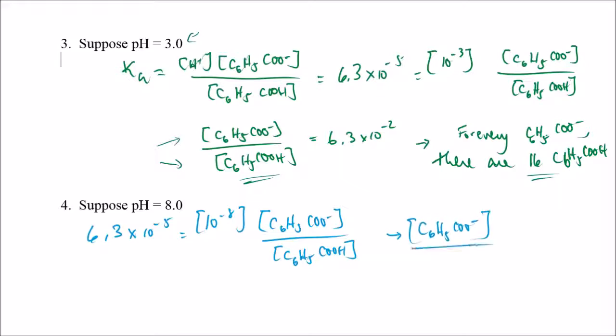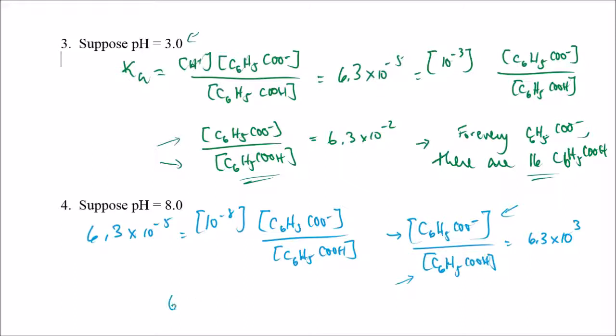The ratio now of the benzoate ion to the benzoic acid will equal 6.3 times 10 to the positive 3. And therefore, for every 1 benzoic acid now, there are 6,000 benzoate ions. We've completely shifted the equilibrium so that it now favors the benzoate.